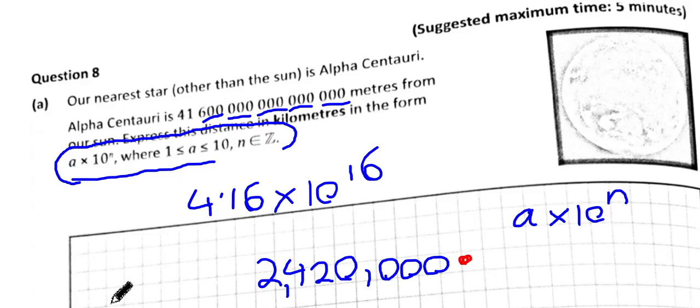Everybody looking? Okay. Divide it once. Once. Ready? Twice. 3 times. 4 times. 5 times. 6 times. 2.42 by 10 to the 6. Is that okay?